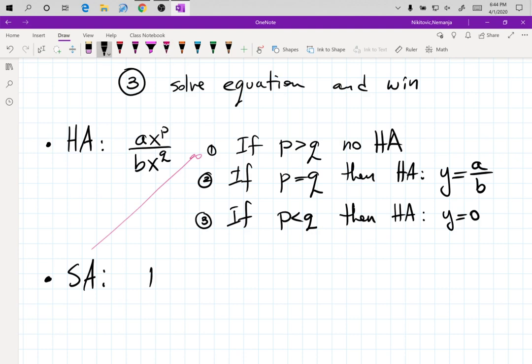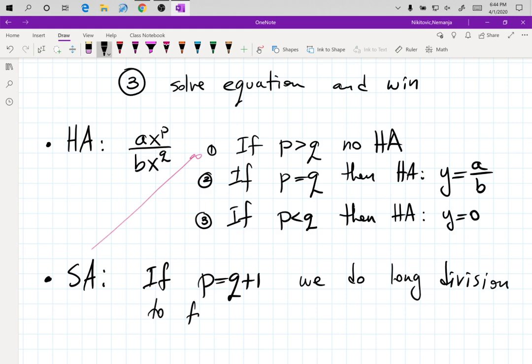If p equals q plus 1, so p is bigger than q by 1, then we do long division to find the slant asymptote.